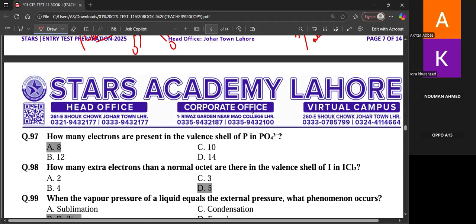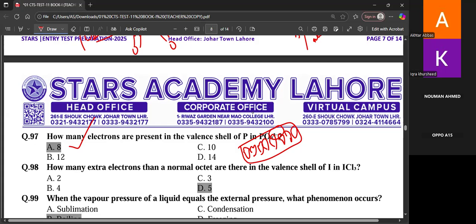So we can take 5 hearts: 1, 2, 3, 4, 5. And what is meant by minus 3? It means 3 more hearts are added: 1, 2, and 3. So how many electrons? 1, 2, 3, 4, 5, 6, 7, and 8. There are 8 valence electrons. So your best option is alpha.